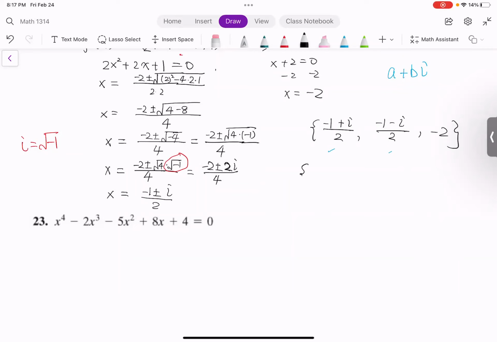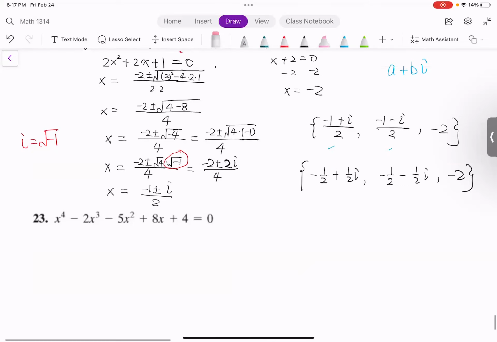We can write them by splitting the tops. We have -1/2 plus 1/2 i. Another one is -1/2 minus 1/2 i, and another one is -2. So you make sure these two are in a plus bi form.